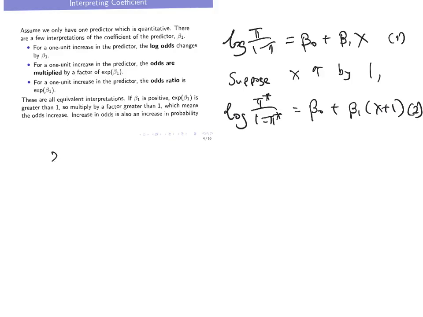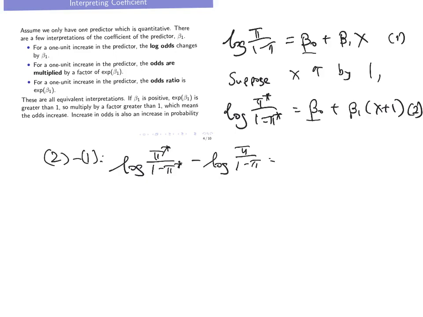Now the next thing I'm going to do is take equation 2 minus equation 1. So on the left hand side, I get the new log odds minus the old log odds. And then on the right hand side, the beta 0 will cancel out. And I'm left with beta 1 times (x plus 1) minus beta 1 times x.